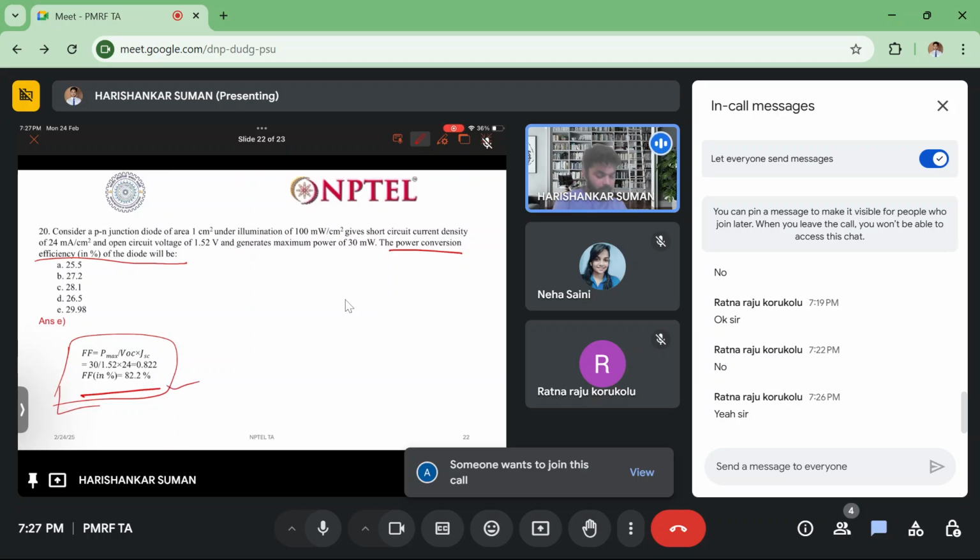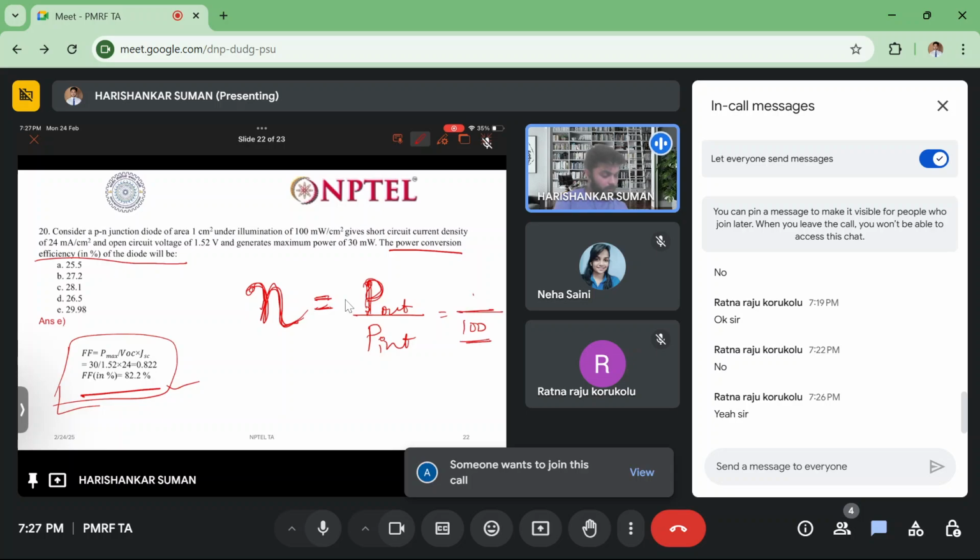We have calculated the efficiency. How can we calculate? P output upon P input. Input we have 100 milliwatt.